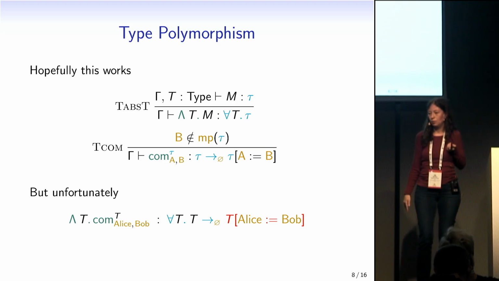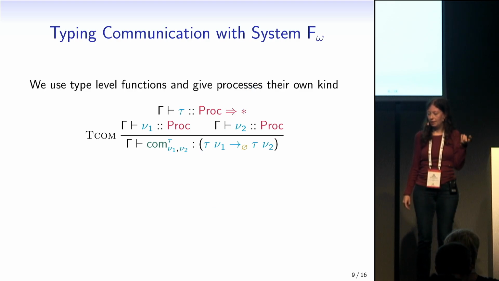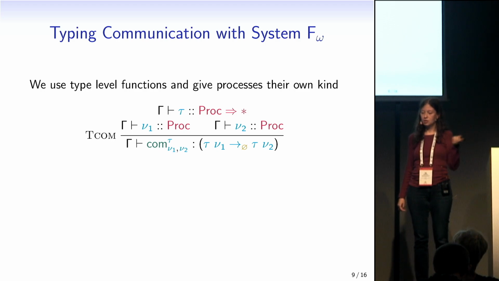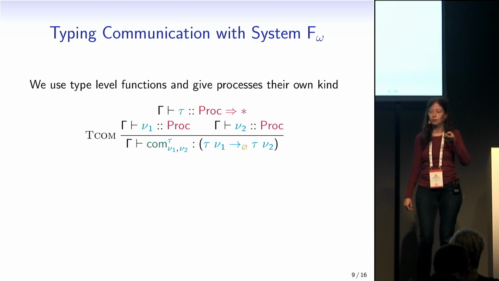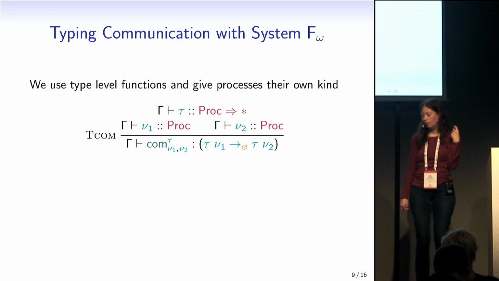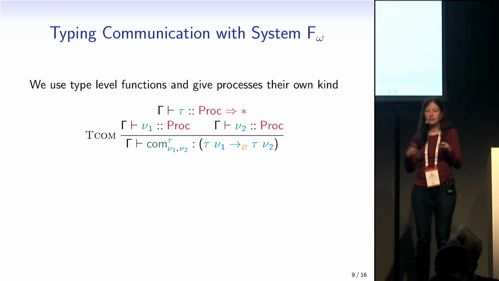So that is why we wound up needing to both have type level functions and to have process polymorphism. So now instead of being annotated with the type of the value being sent, our com is annotated with a type level function which takes the sender and returns the type of the value being sent, or it takes the receiver and returns the type of the value after it has been communicated.